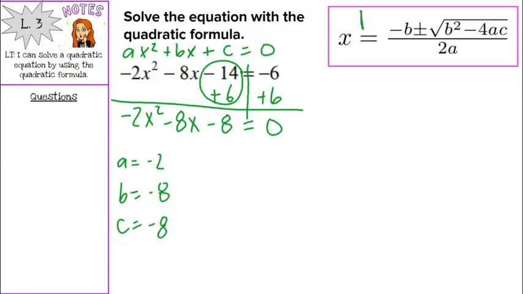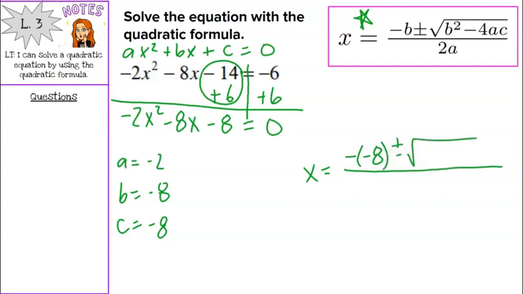Now, all we have to do is plug in our values into our quadratic equation. So we have x equals -b plus or minus the square root of b squared, so -8 squared, minus 4 times a, which is -2, times c, which is -8, all over 2 times -2.